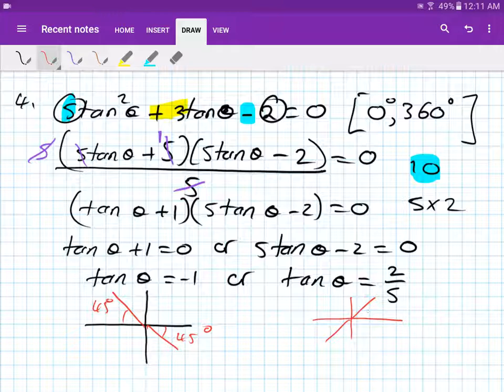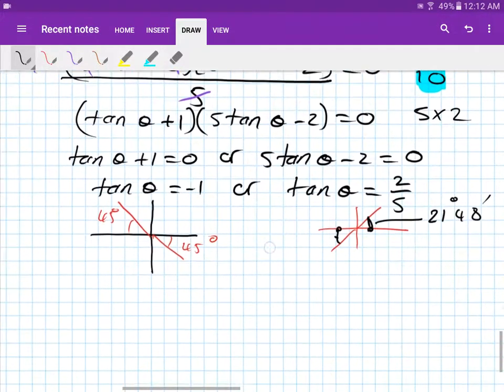And then you find the reference angle between x and the line. If you type inverse tan of 0.4, or 2 over 5, it's the same thing, you should get 21 degrees 48 minutes. So this is 21 degrees 48 minutes as well.